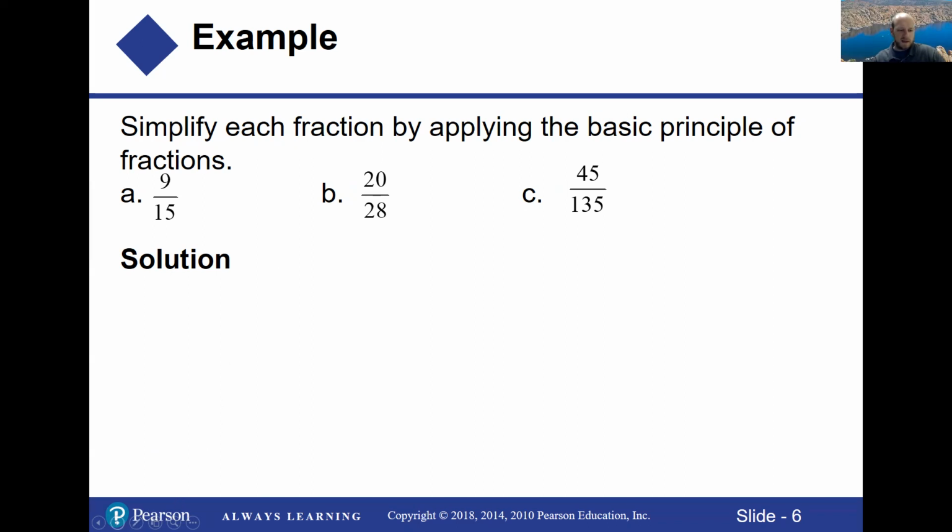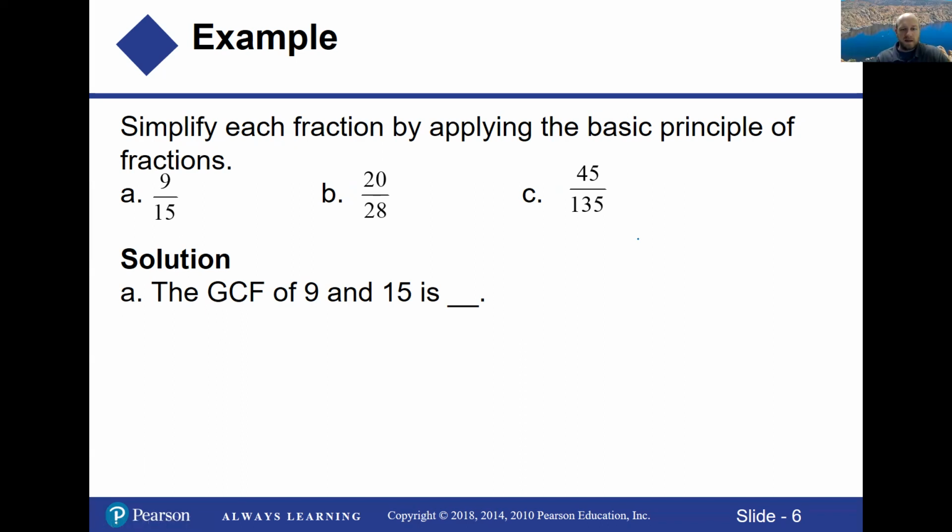to simplifying rational expressions. So remember when we simplified fractions, this is way back, we didn't do this really in this class, but way back in maybe middle school or possibly before that, we found the greatest common factor, right? And we did find the greatest common factor earlier this semester in chapter 6 when we were factoring, but we know that the greatest common factor of 9 and 15 is 3, right?